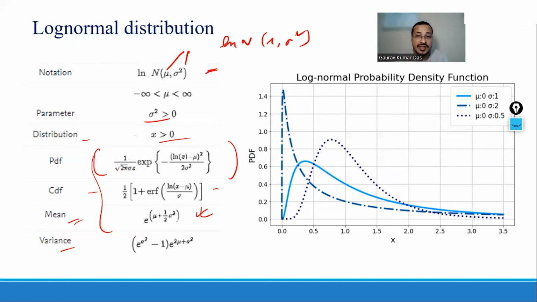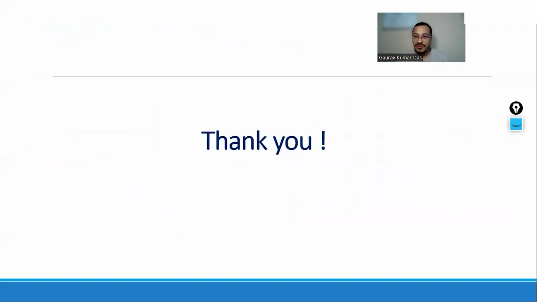But to understand these concepts and know about the theorems is very, very important, guys. Okay, so that's all for today. In today's video, we explored continuous random variables and the various distributions associated with them: normal distributions and log normal distributions.